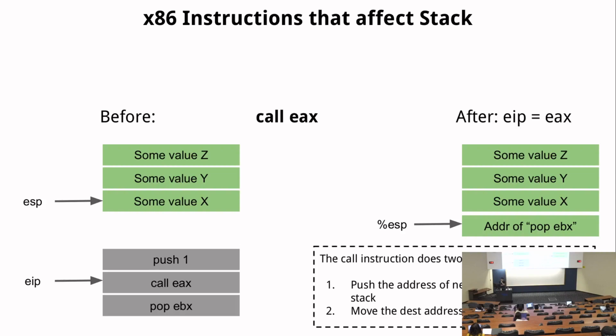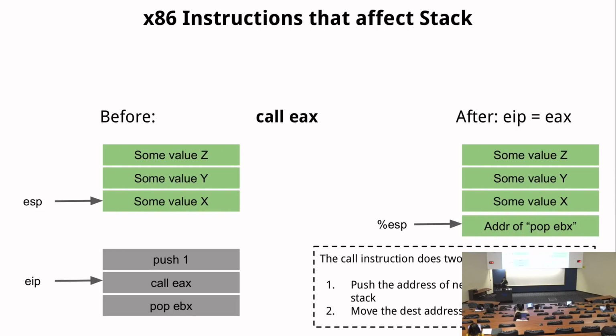Then one of the most important control flow instructions is the call instruction. When at the C level you make a function call, that function call is eventually compiled to a call instruction. If it's a call instruction to an offset to a memory location, that is called a direct call.